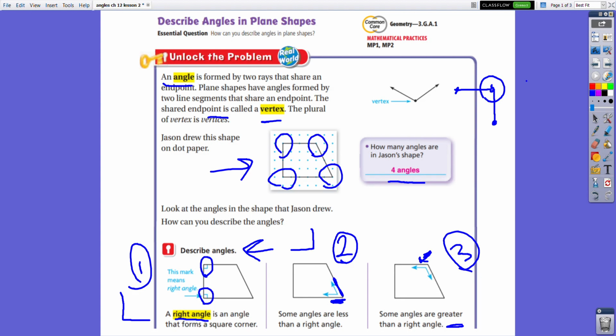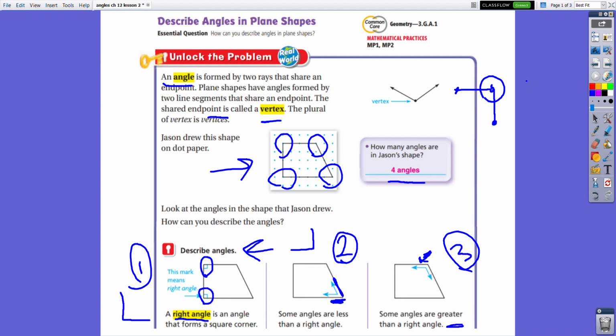If it's smaller, it's not a right angle, it's less than, so we will say this is less than a right angle. If it's greater than a right angle, we will say this angle is greater than a right angle. Okay, do you understand the angles right now? So we have three types of angles.